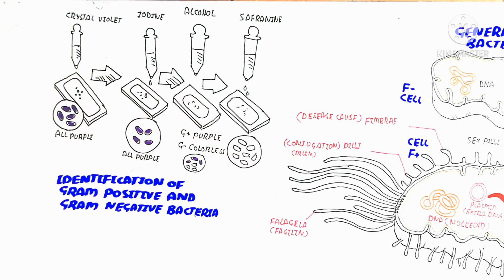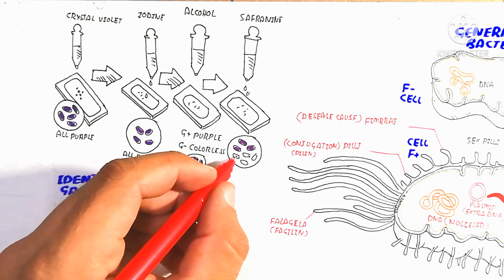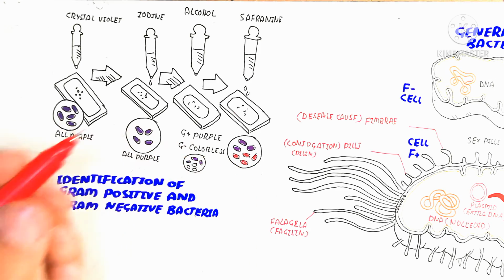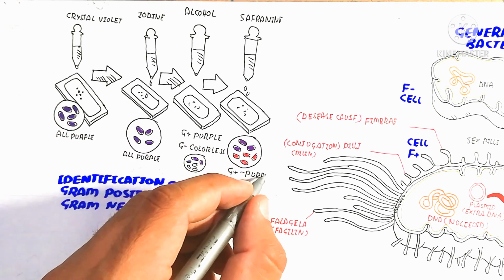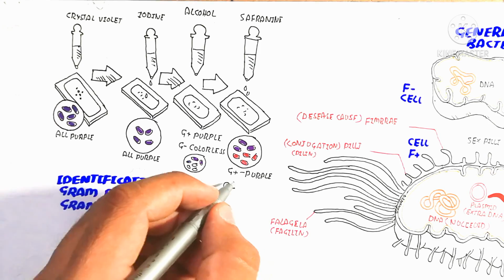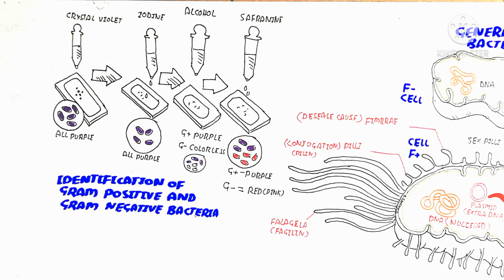Safranin is then used, which provides the color. Gram-positive shows purple, while gram-negative shows a red or pink color.